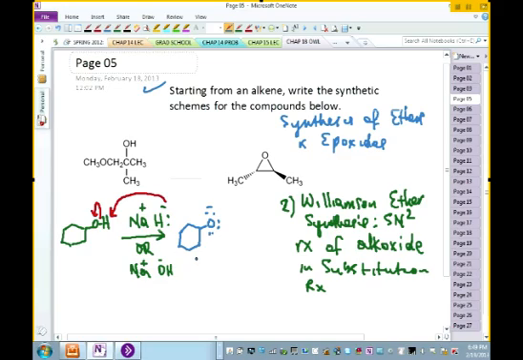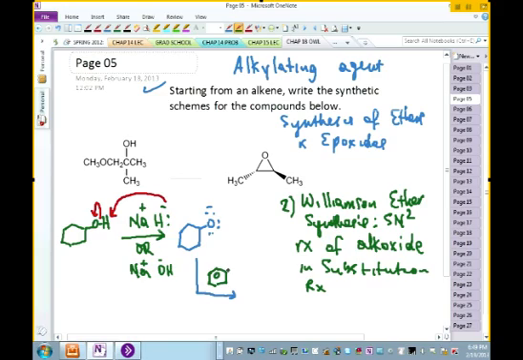Now, if you now take this and you add an alkylating agent to that, when we say alkylating agent, any molecule that will allow us to form a new carbon-carbon bond, alkylating agent, right? Okay, well, we could use this, any alkylating agent. Say we use this.